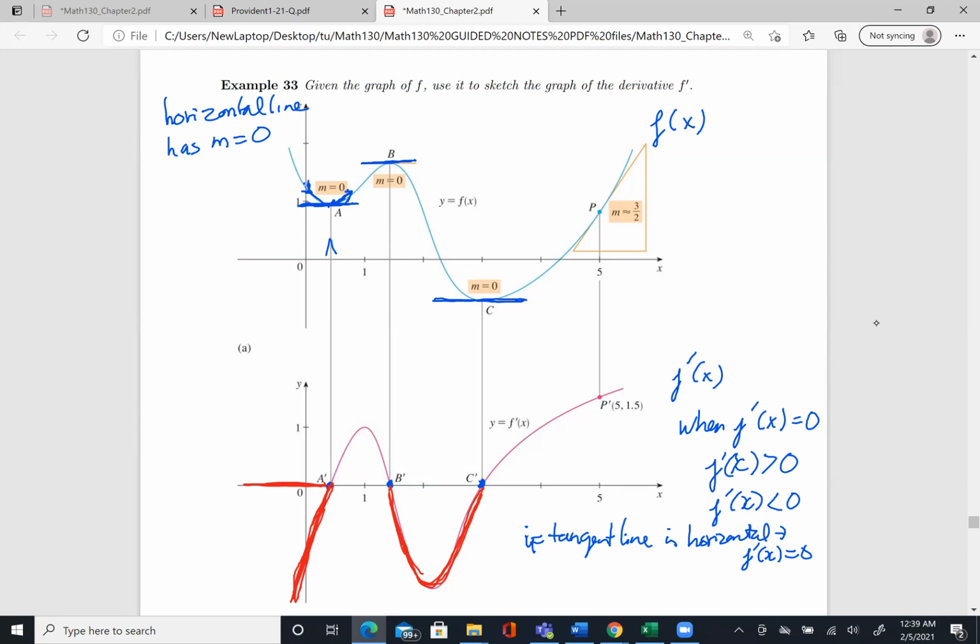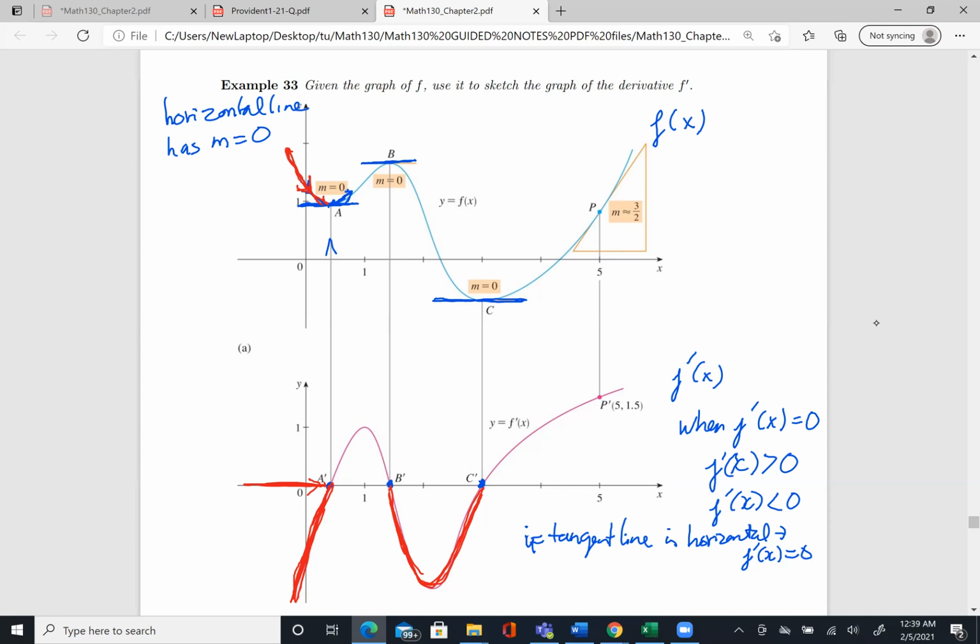That's going to make the f derivative of x less than 0. So let's take a look at the graph of f of x from negative infinity to a. What happens with f of x over here? It's just going down, meaning it's decreasing, right? The graph is just decreasing.